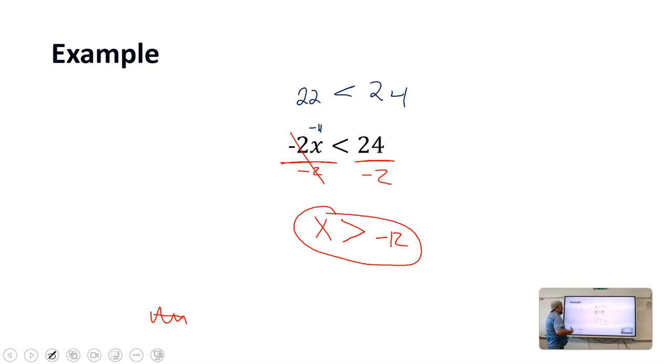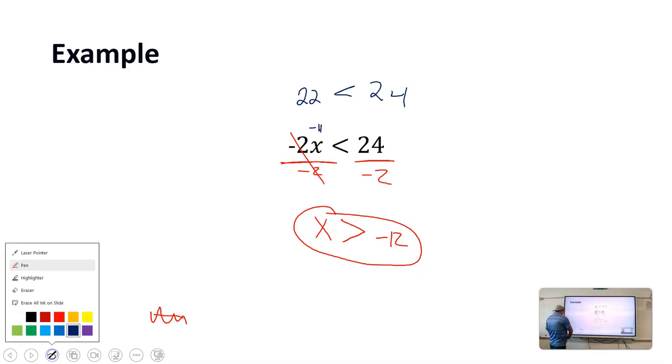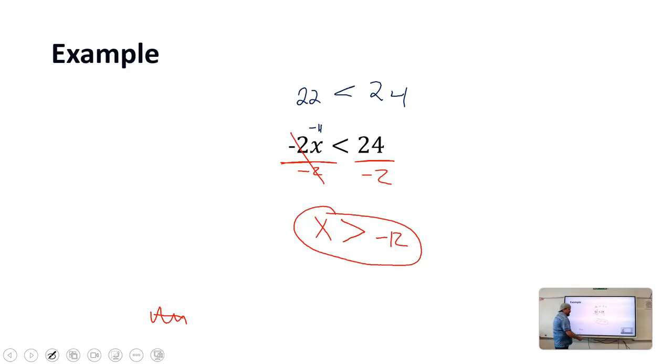Now let's, just for experiments, say, what if I didn't switch that? My answer would have been x is less than negative 12. So I'd have to pick a number less than negative 12, like a negative 13. And negative 2 times negative 13 is 26, which is not less than 24.